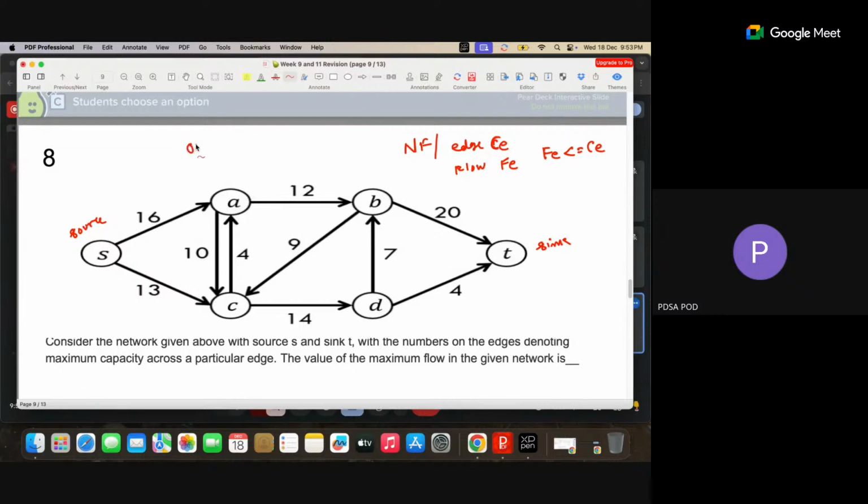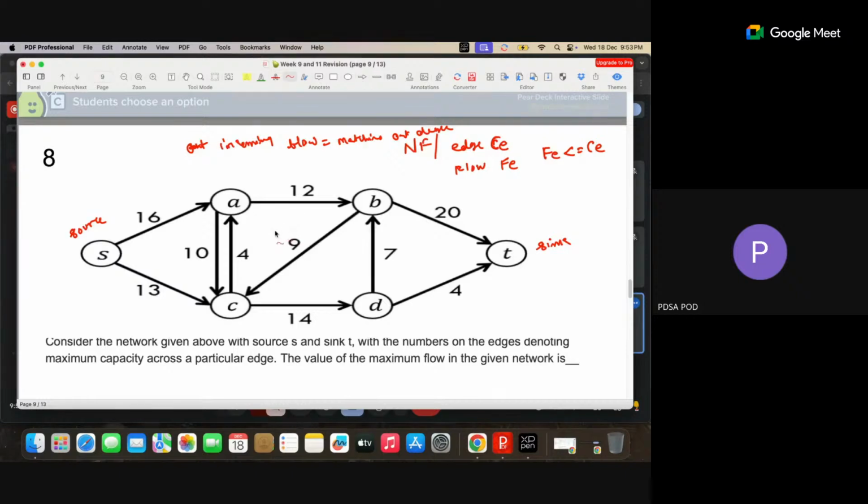So very simple: we check whether incoming flow matches outgoing flow, the out degree. Is the incoming flow able to distribute to the outgoing or not?